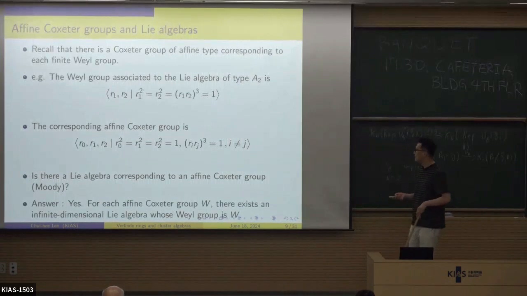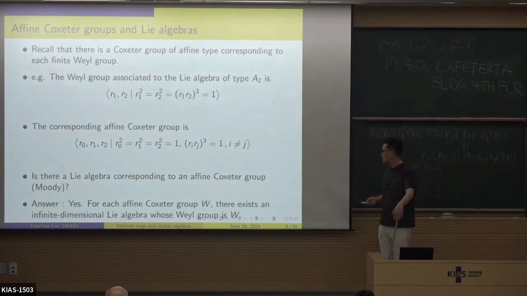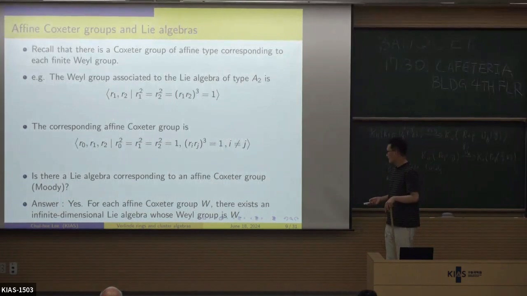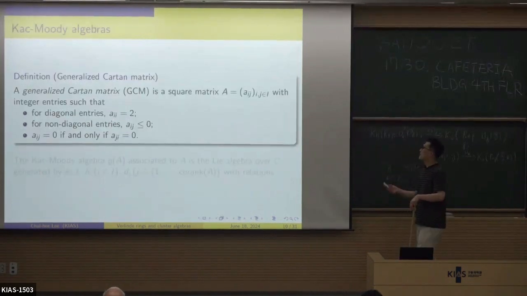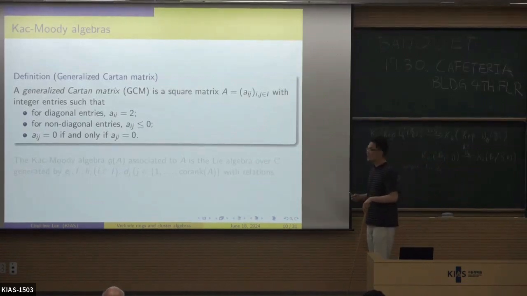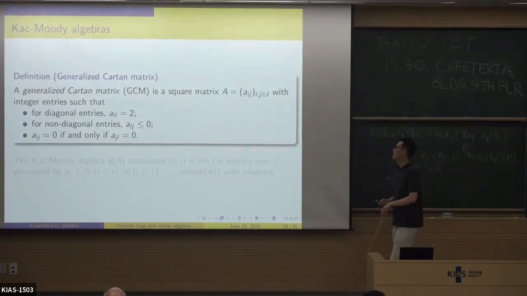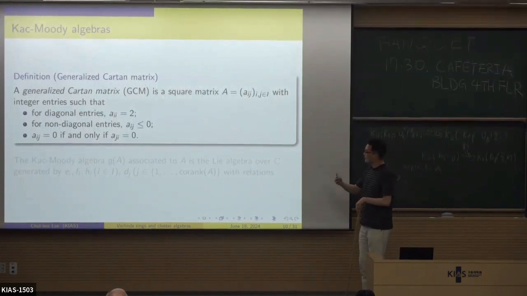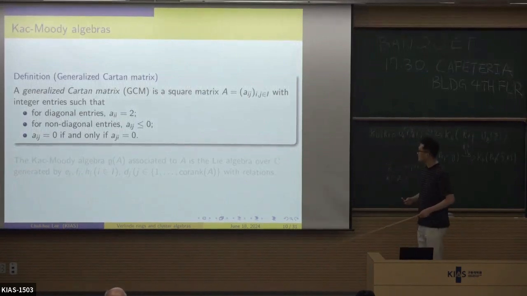For each affine Coxeter group, we can define an infinite-dimensional Lie algebra whose Weyl group is the given affine Coxeter group. And to define all these Lie algebras in a uniform way, it's probably useful to introduce the notion of generalized Cartan matrix. This is a generalization of the classical Cartan matrix for finite type Lie algebras.